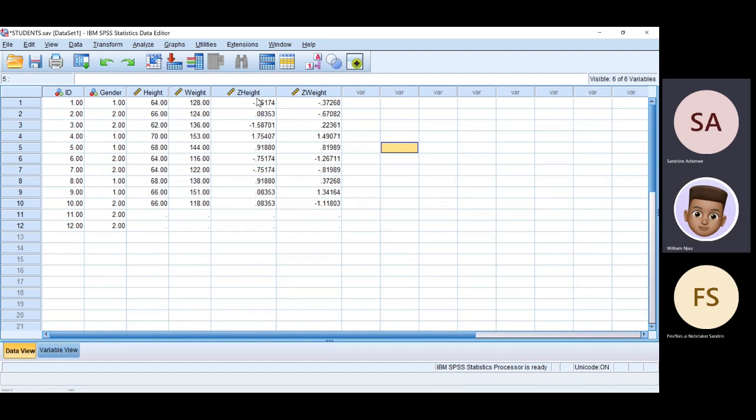So to correlate, you go to analyze. If we had data at height, but there is missing data at weight in the middle of the data set, what happens? It will ignore. It will not correlate that particular individual.